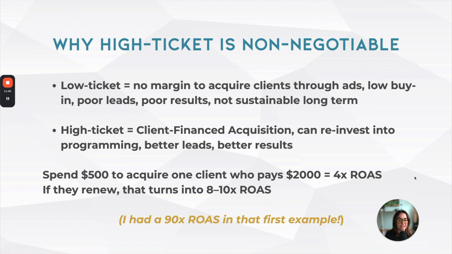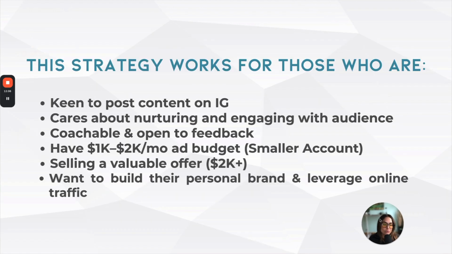Remember, in my original example, I had a 90 times ROAS. If you get those numbers, guys, you got a gold mine. But 3 times, 4 times, 5 times ROAS, that's great. And if they renew, now those numbers creep up even higher. So this strategy works really well for people.